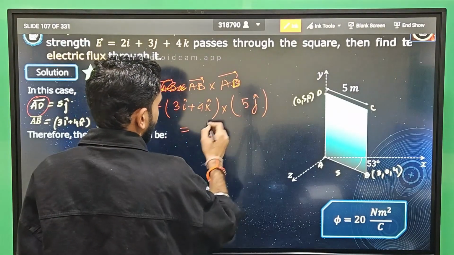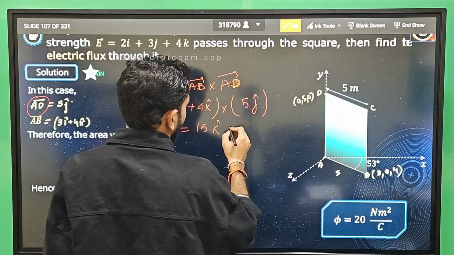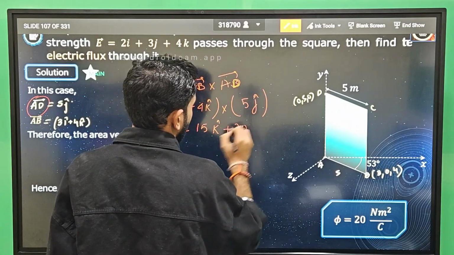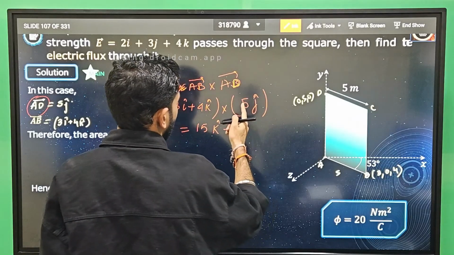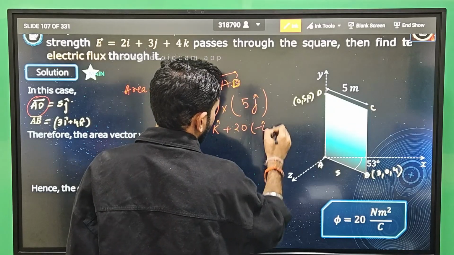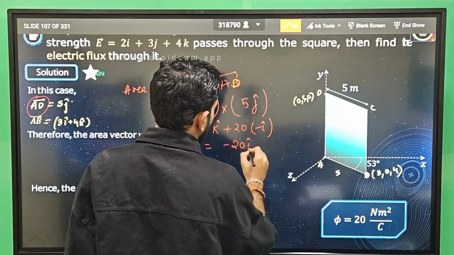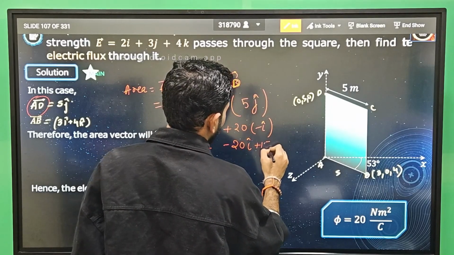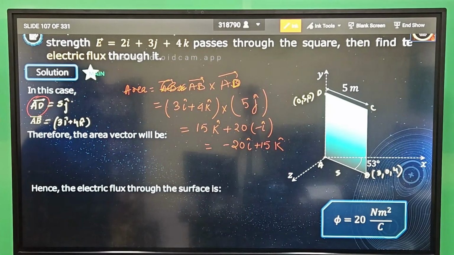What will you write? 3 into 5, 15, I cross J, you will write K, plus 20 K cross J, you will write minus I. That means the net value is minus 20I plus 15K. Correct? This much you can write for the area vector.